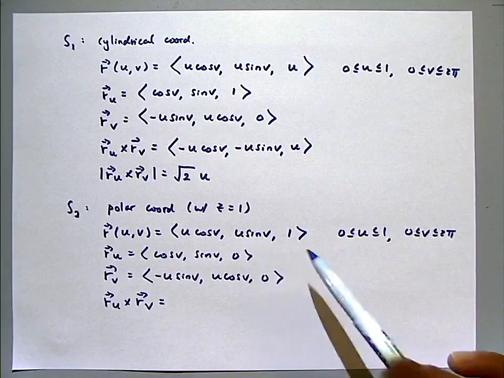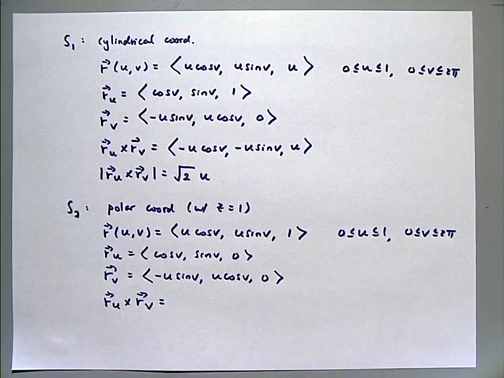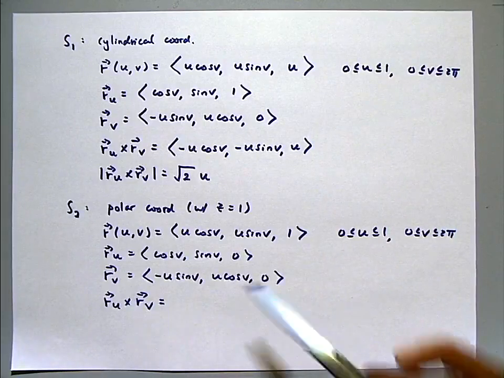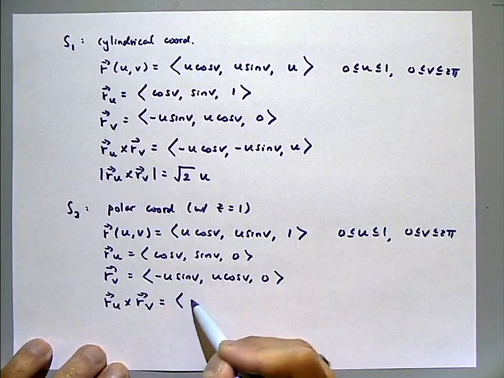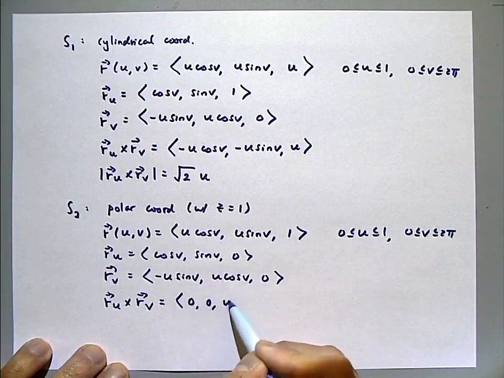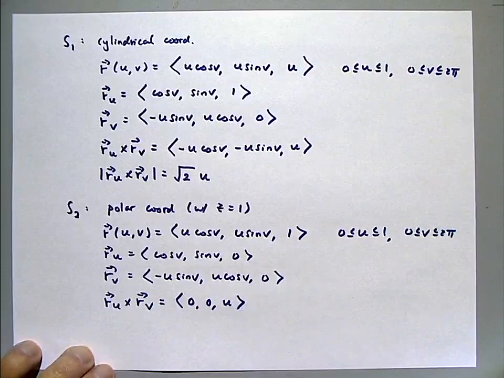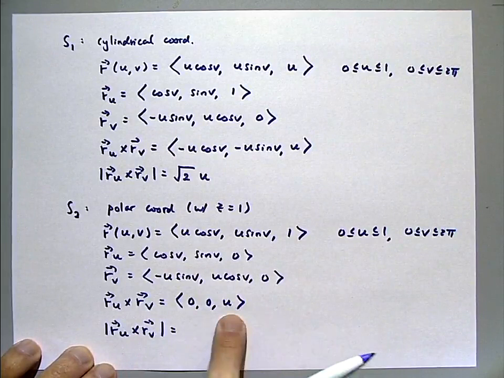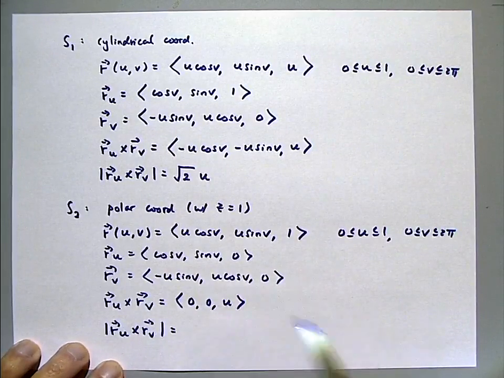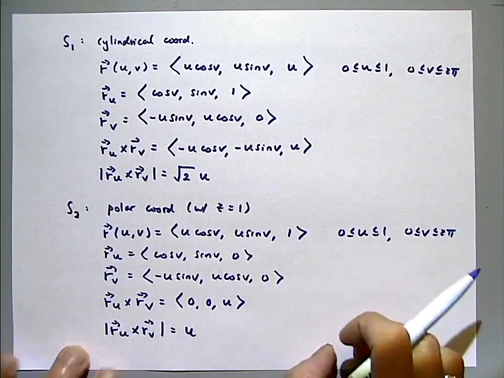So that's going to just give you one component in the k direction. Both the i and j will be 0 because of the last column being 0. So if you do the cross product, you should get 0, 0, u. And the magnitude of 0, 0, u, of course, is u, right?